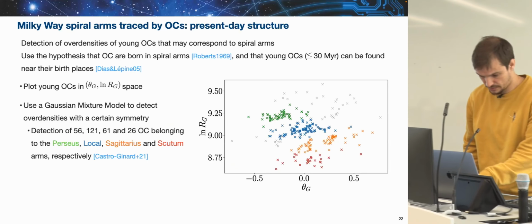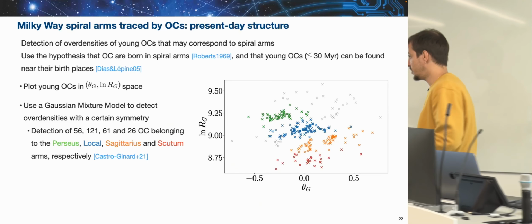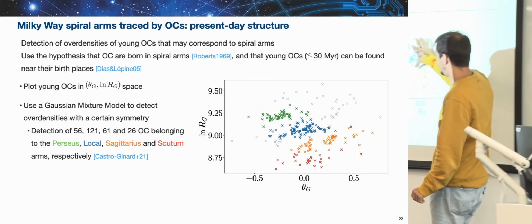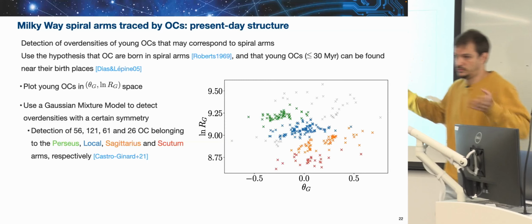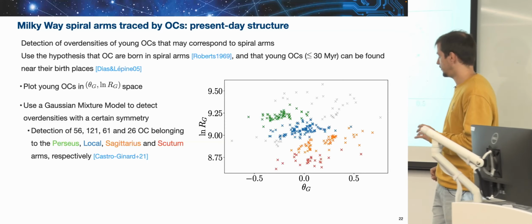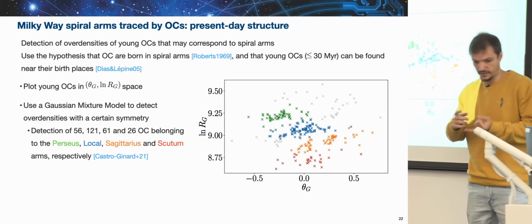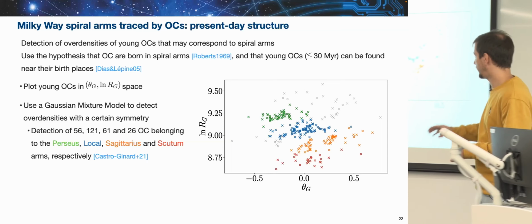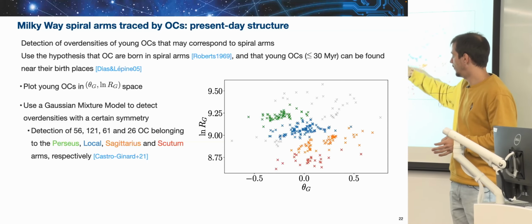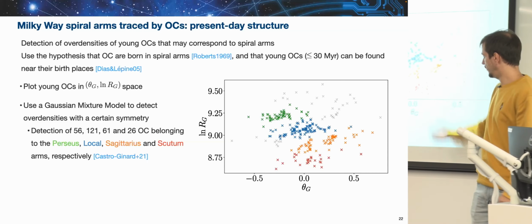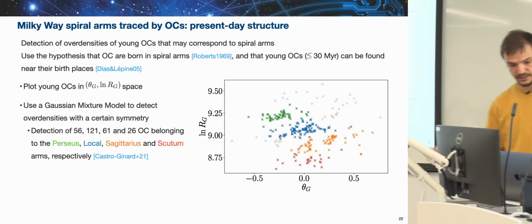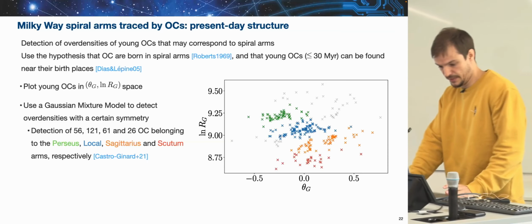We run a Gaussian mixture model to find the meaningful overdensities here. This Gaussian mixture model knows nothing about the distribution. We run it on different setups, different configurations, and we can always find the 4 most meaningful overdensities, being these 4. So that means that they are stable against the method.